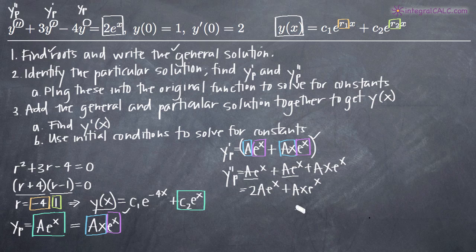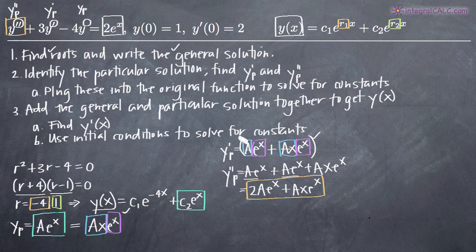So now that we have our first and second derivatives, we'll go ahead and plug those into our original function. Let's note these in specific colors. We're going to plug this 2a e to the x in for y double prime.